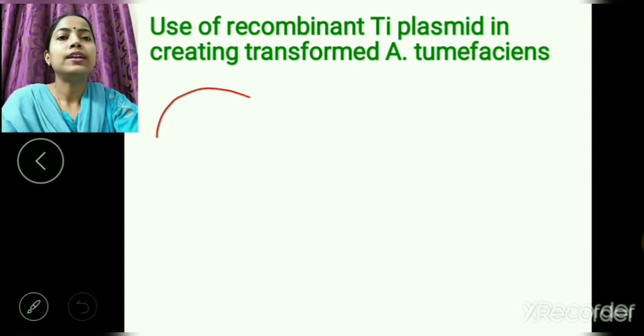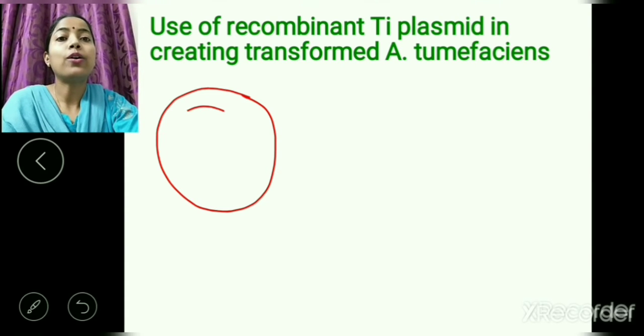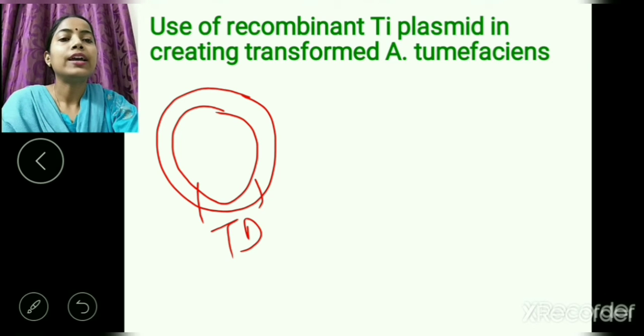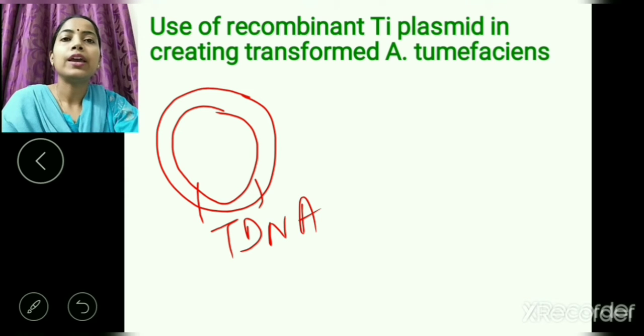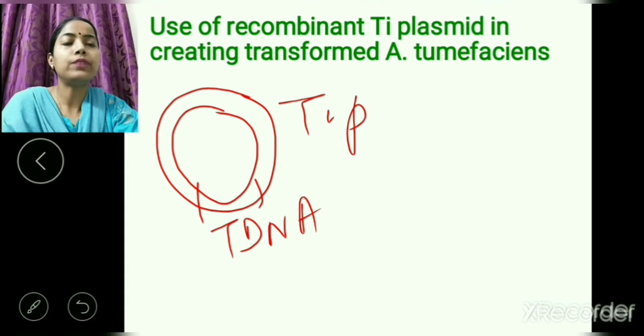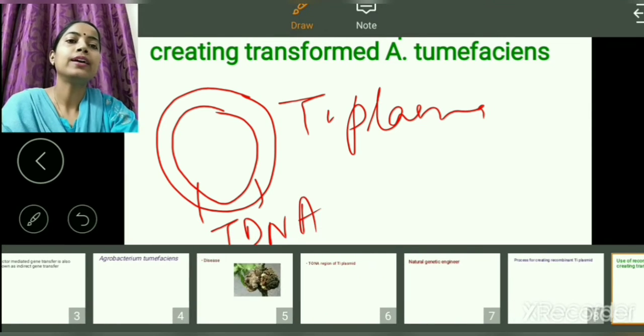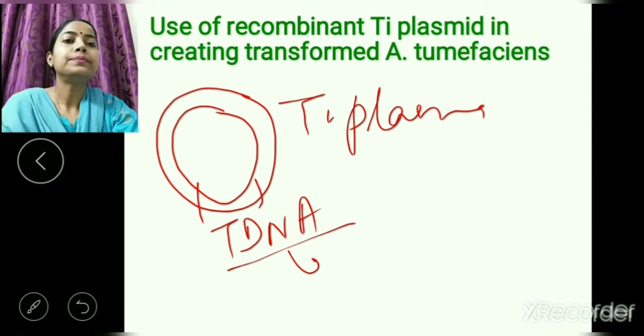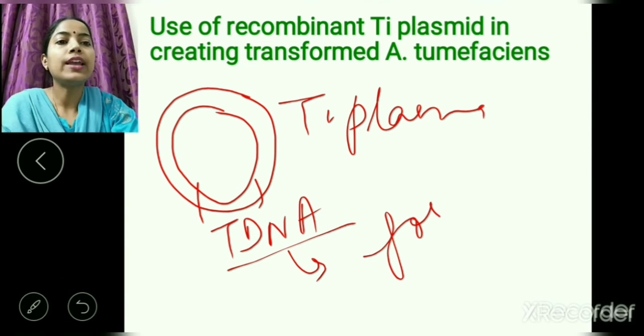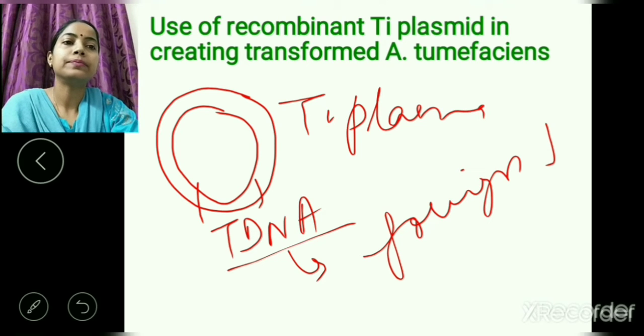Remember, it is a recombinant Ti plasmid, because now the tDNA region is not the same as it was earlier in the non-recombinant one. In the original Ti plasmid, it will not be the same. Now our tDNA region will be carrying the foreign gene along with the selectable marker.